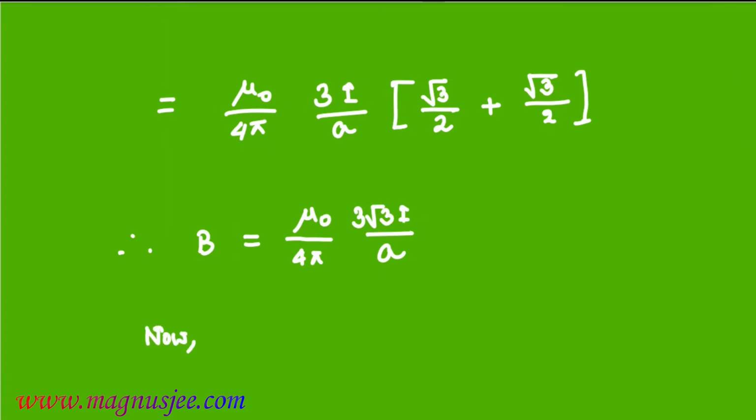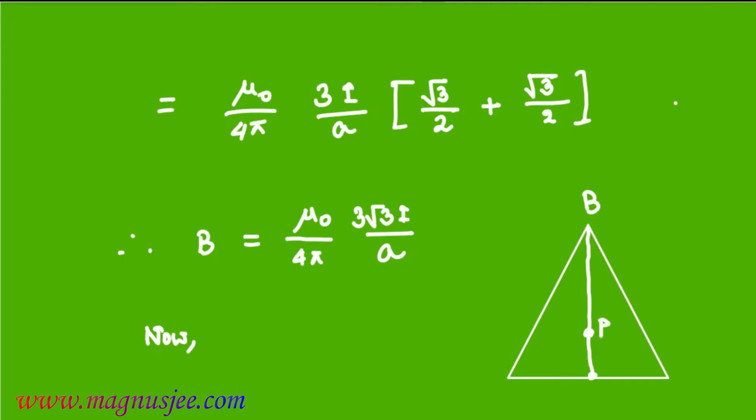Now, the perpendicular distance a from the centroid to the side of the triangle is small a. If we draw the diagram of the equilateral triangle, we can draw a median, that means the perpendicular from the highest point to the base.